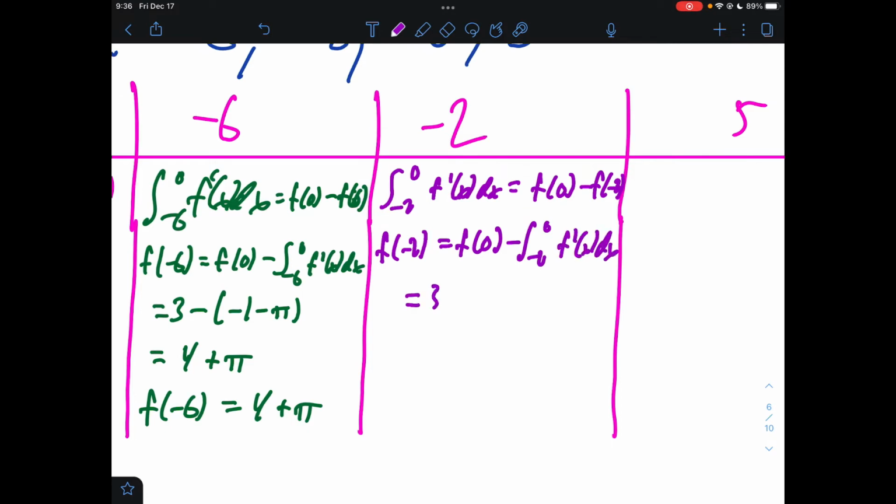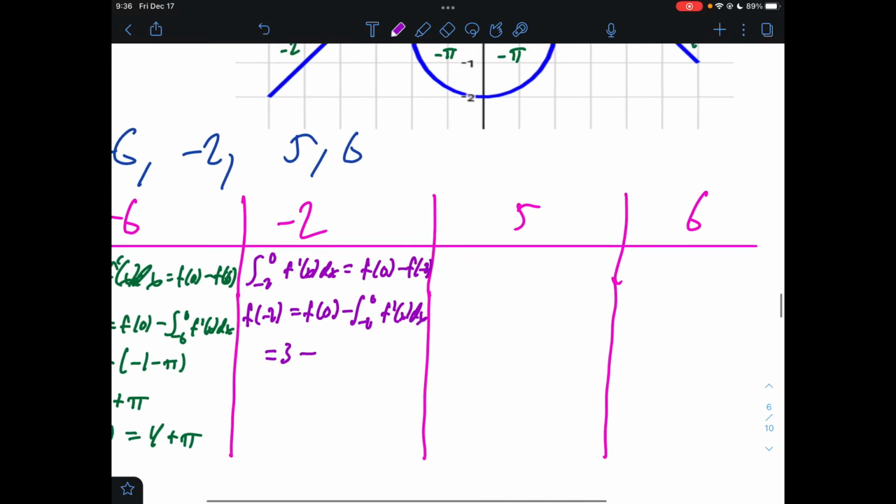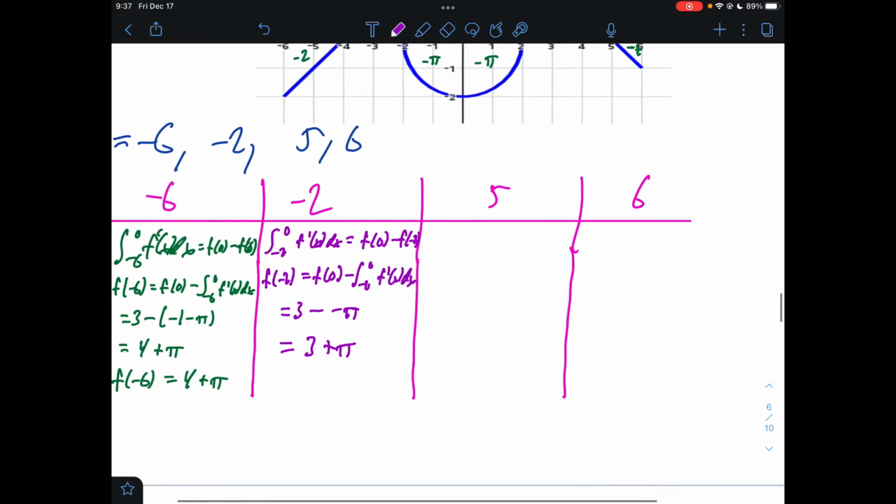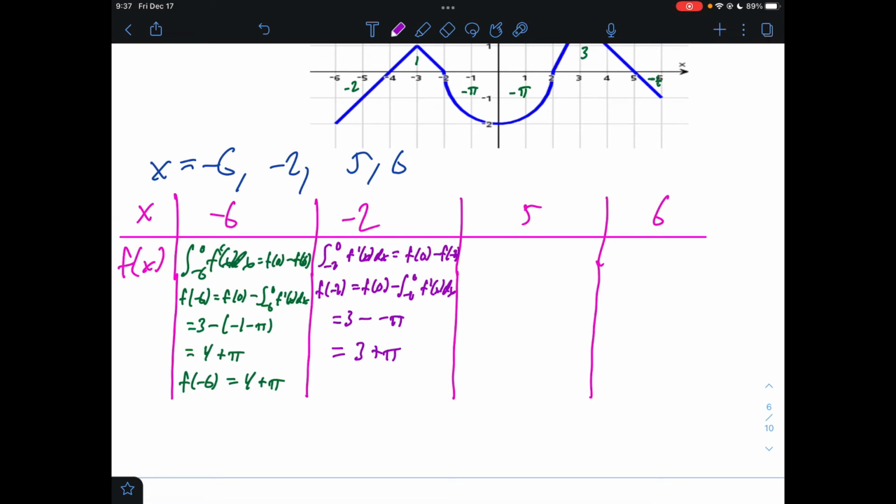F of 0 we know is 3. The integral from negative 2 to 0 is negative pi. So 3 minus negative pi, or 3 plus pi. All right, so we know negative 2 is not our answer because negative 6 is already bigger than negative 2. So it's definitely not at negative 2 that our maximum is. Let's take a look at 5.